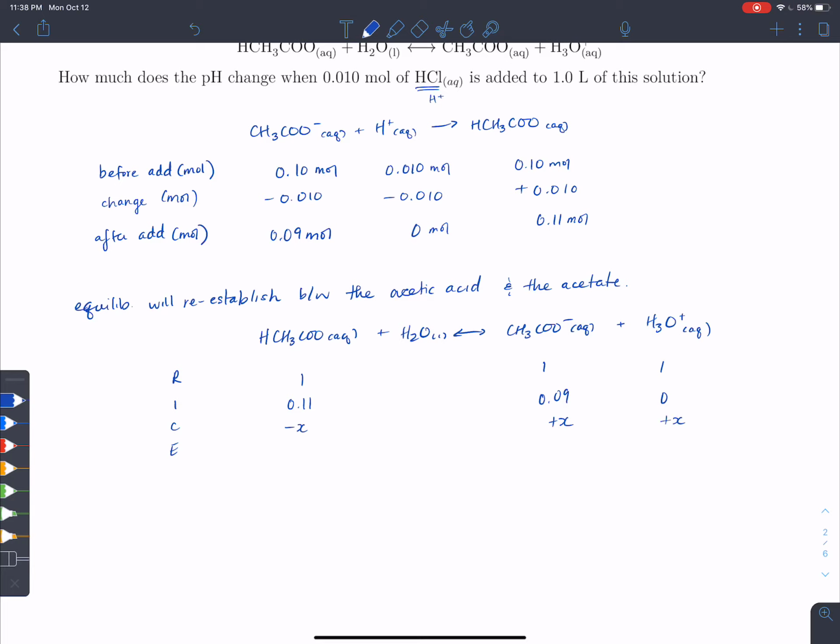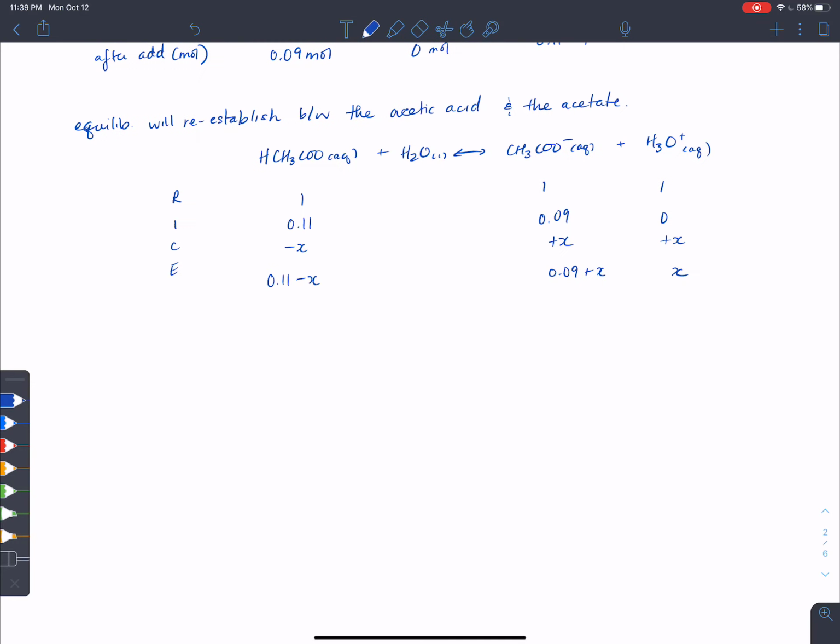And so we can create an equation that represents the change in equilibrium for each of these. So it's going to be 0.11 minus X, 0.09 plus X, and then X. Now that I have this information, I can calculate the ionization constant of my acid, which is the concentration of my products, being my acetate ion and my hydronium ion, over the concentration of my acetic acid.